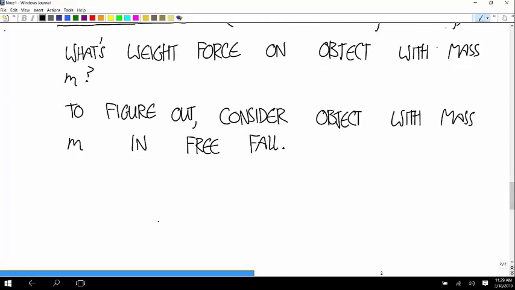Okay, so it could be any kind of free fall or projectile motion. So this object would be following some kind of parabolic path, and it has a mass m.